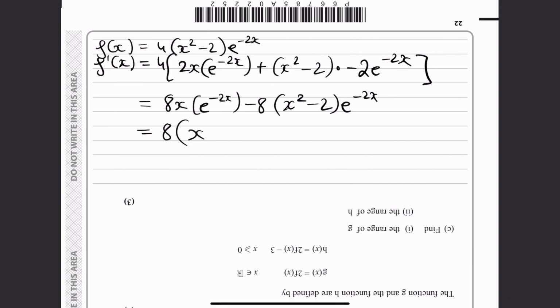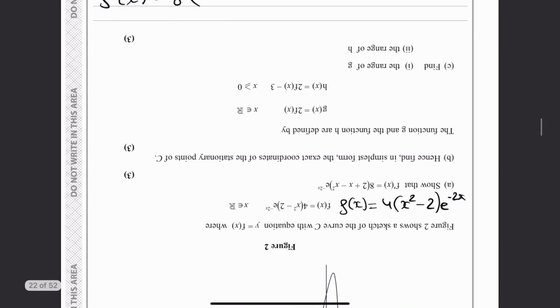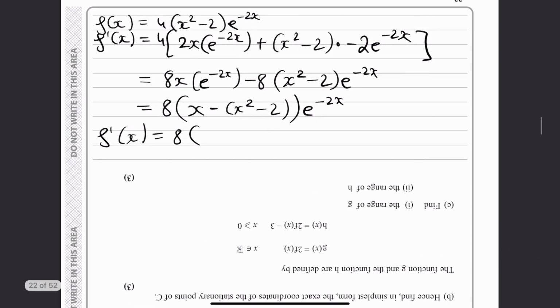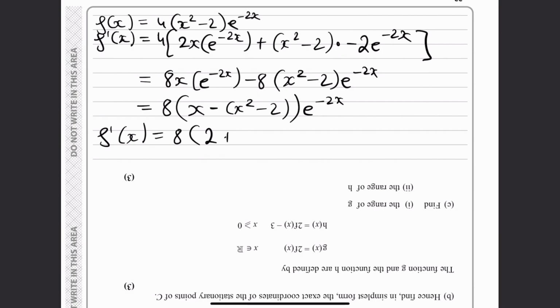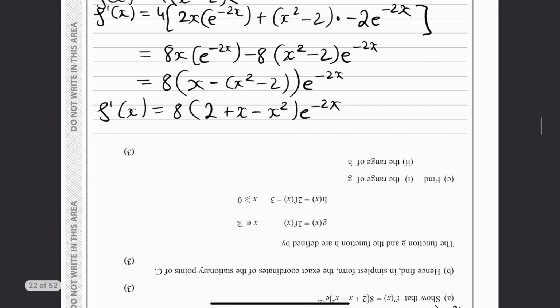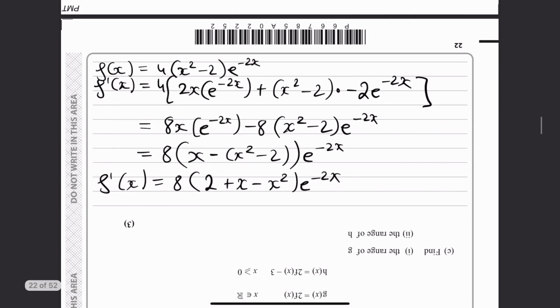So 8 times minus x squared minus 2, and e to the minus 2x, like so. So you get f dash of x is equal to 8, and then what does it want me to do? 2 plus x minus x squared, e to the minus 2x. Okay, that was fine. That was quite good so far.